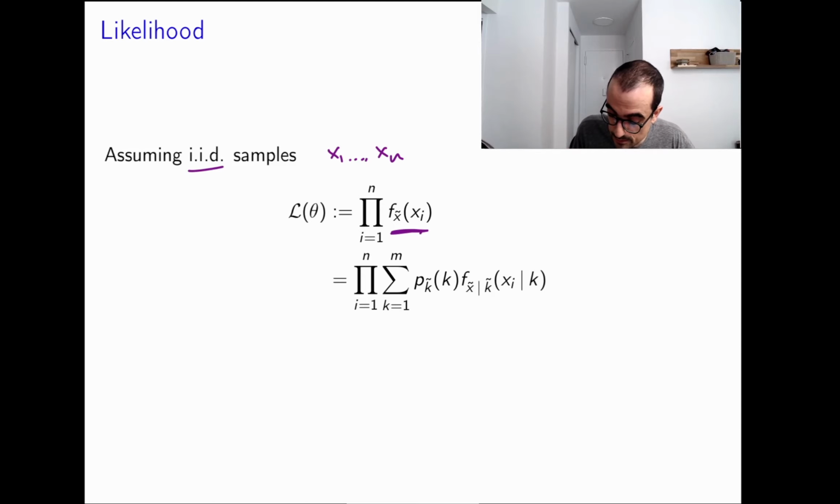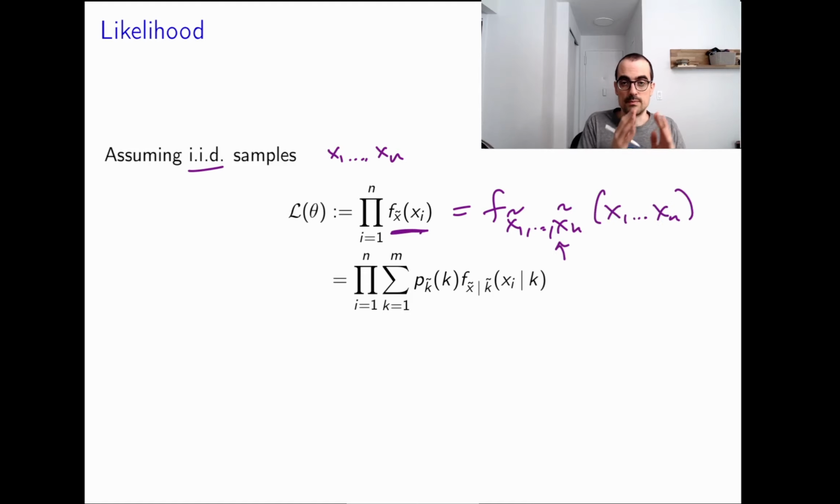Okay, so this is actually f of x1 to xn. So we're looking at the joint distribution of the different data points that we're seeing, and we're going to assume that this joint distribution is just equal to the product of the marginals. Okay, this is what we often do in likelihood estimation, because they're independent samples, but they have the same distribution, right?